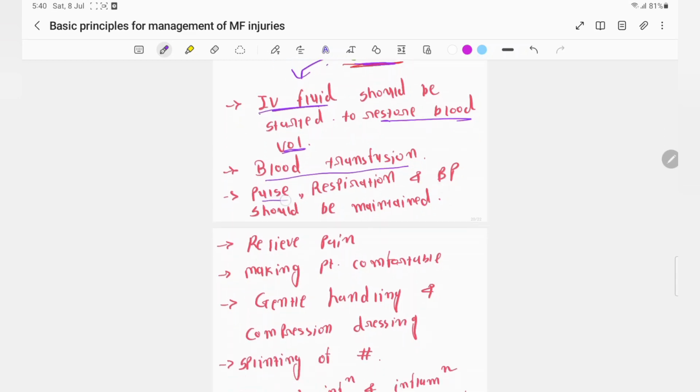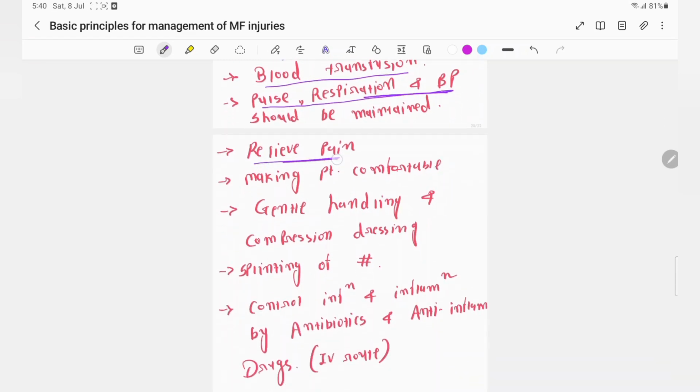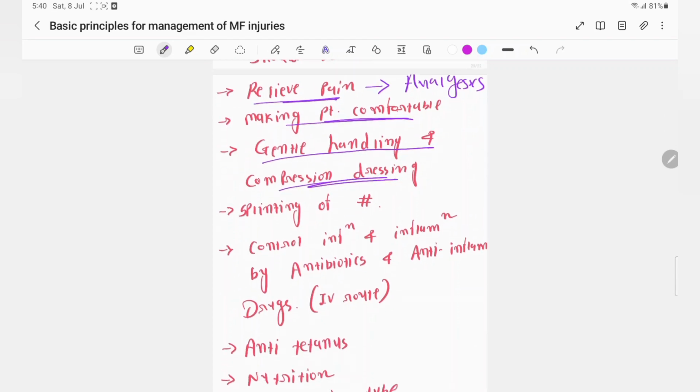Then we have to check pulse, respiration and blood pressure. Then we have to relieve the patient's pain by giving analgesics, right, making the patient comfortable. Gentle handling and compression dressing we have to do, and simultaneously we have to go for splinting of the fracture as well. Then control infection and inflammation with antibiotics and anti-inflammatory drugs by IV route.